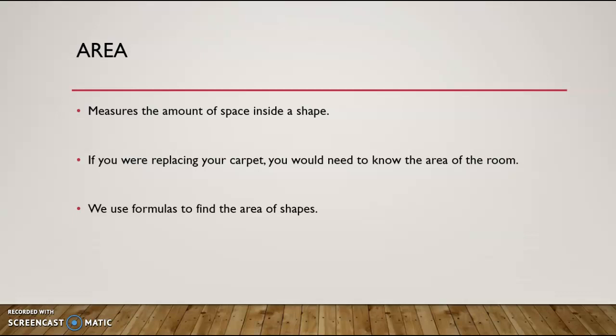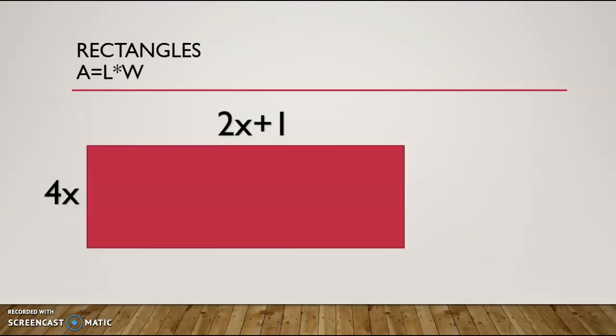And we have formulas that we use to find the area of these shapes. So for a rectangle, its area is length times width. It doesn't matter which one you call the length and which one you call the width, as long as you're multiplying them together. So I'm going to call this the length and this the width, and I'm going to multiply those together.